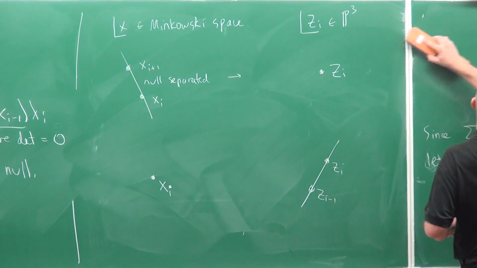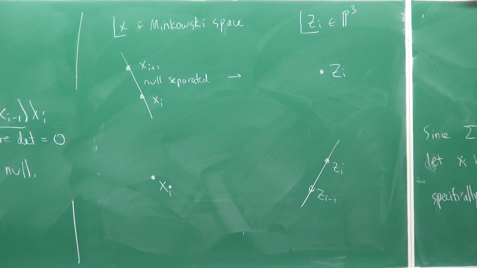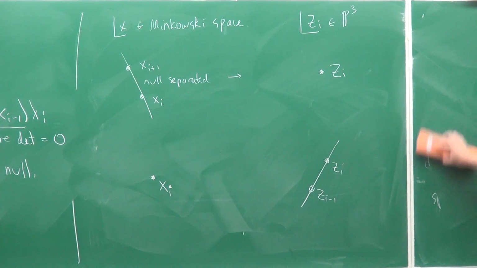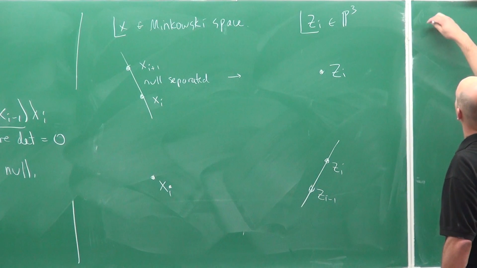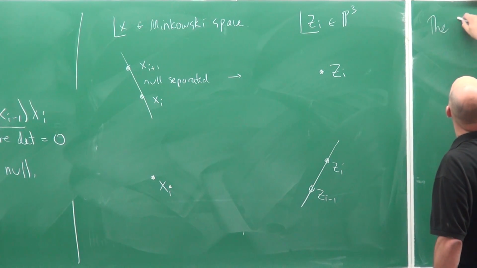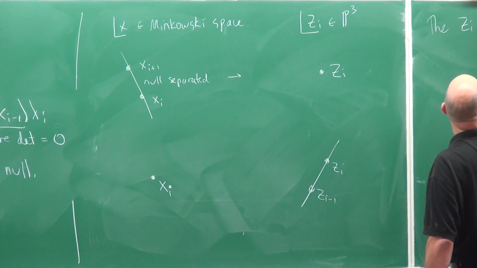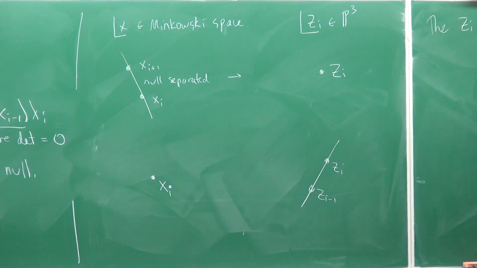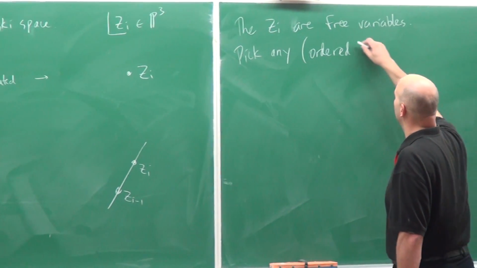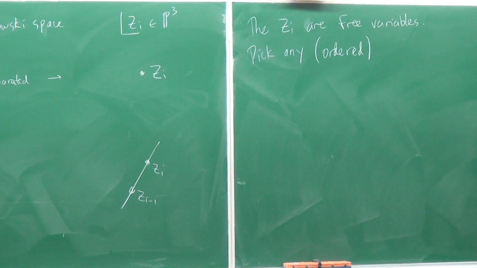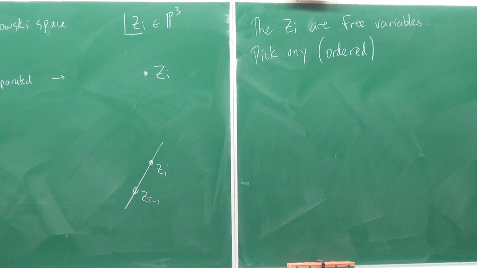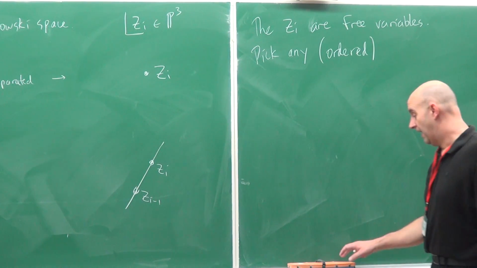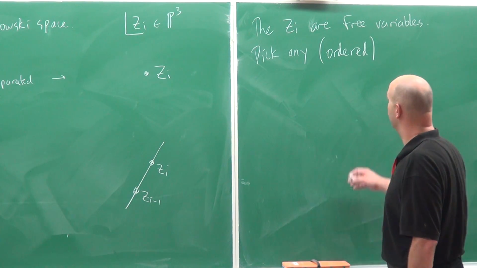So I've now deleted the question I've asked, but the answer is simply the following. The zi are free variables in the following sense. Of course it's implicit here that I have made crucial use of a cyclic ordering on my points, which is appropriate, for example, when you're talking about a planar gauge theory.